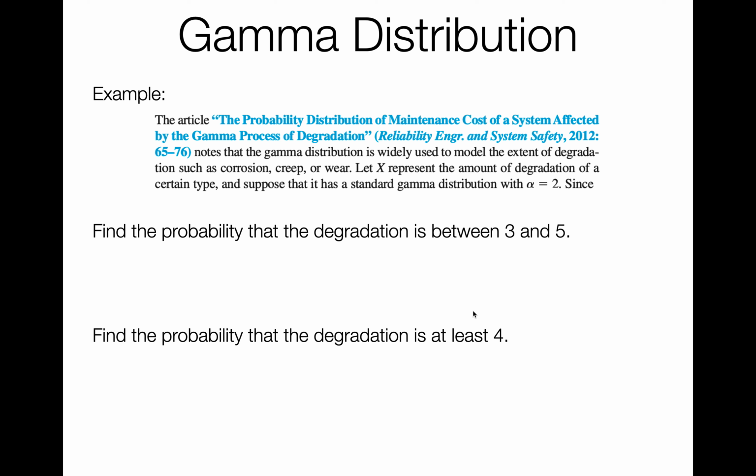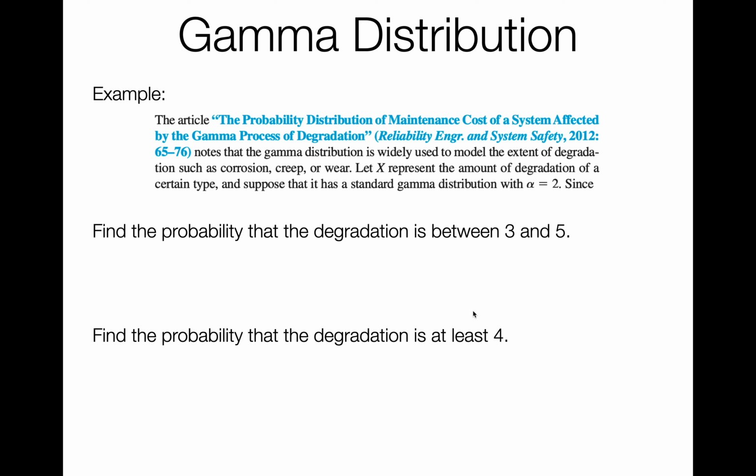But again, for our last slide in this chapter, let's do an example with a gamma distribution. So here, another article: probability distribution of maintenance cost of a system affected by the gamma process of degradation. It notes that a gamma distribution is widely used to model the extent of degradation, such as corrosion, creep, or wear.